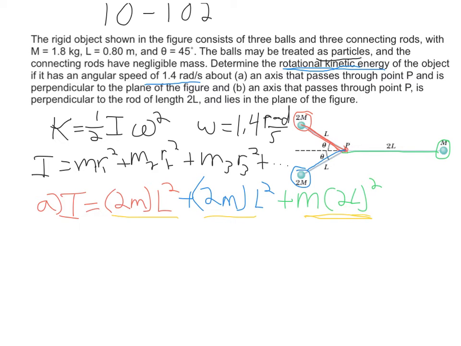So it actually contributes twice as much rotational inertia as either of these by themselves, or as much as these two added together. Interesting to observe. Anyway, from there you have I, we already have omega, and so you should be able to figure out the kinetic energy for part A relatively easily with the values given to you.